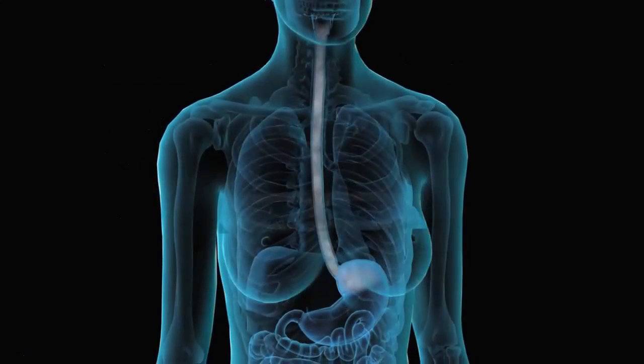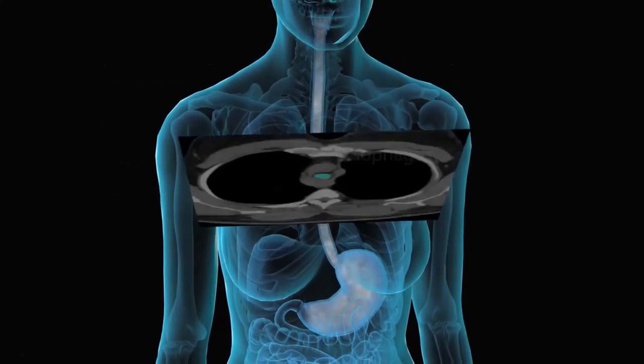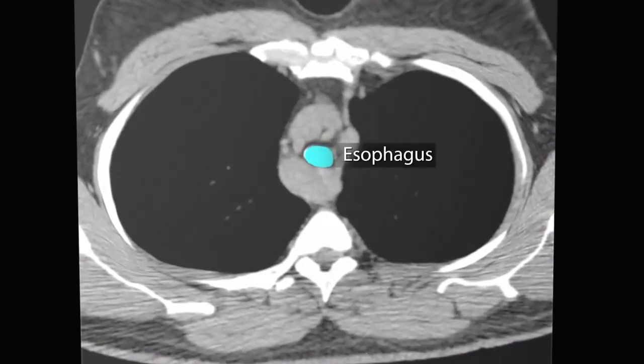In some cases, you may receive contrast dye before your procedure in a drink, an injection, or a barium enema to make it easier for your doctor to see certain areas of your body. If you received a drink with contrast dye, your esophagus or stomach will be highlighted.